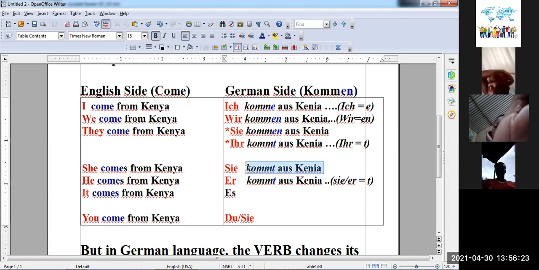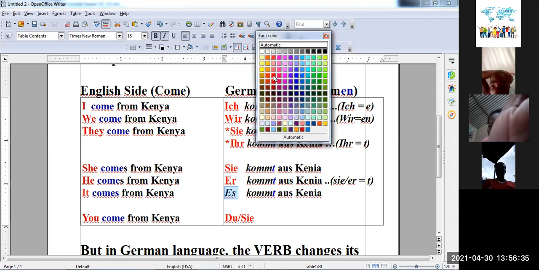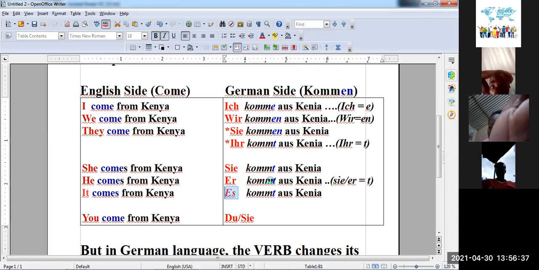The beautiful thing is we still maintain the same verb conjugation. Okay? If you're talking, maybe the radio is made in Kenya and it is here in Germany, I'm going to say, es kommt, okay? Es kommt aus Kenya. So these three, they behave the same.